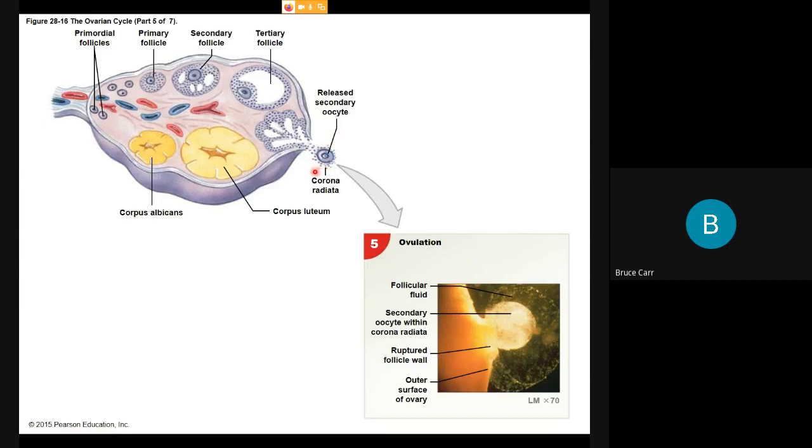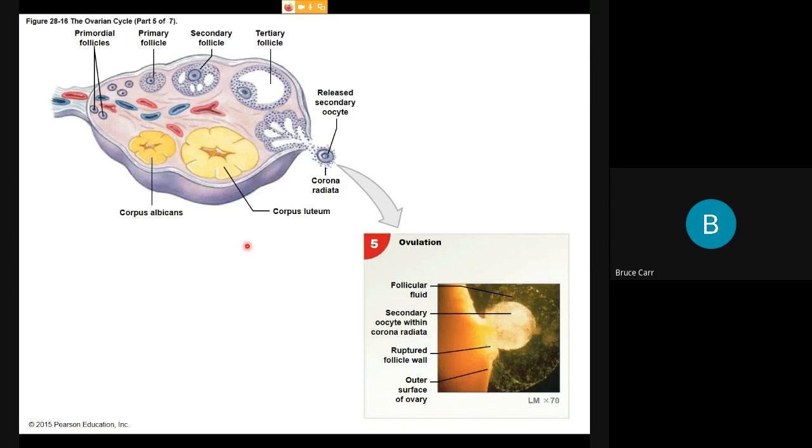This is called the corona radiata, and it basically is sort of like a friction covering. This cell can't move itself. It's going to bounce down that reproductive tract, and as it happens, these protective cells are going to be cushioning and scraped off. Here's the corpus luteum, and a further stage called the corpus albicans.